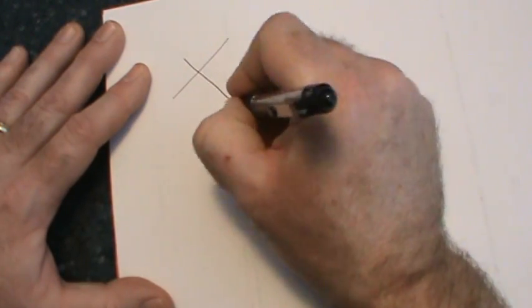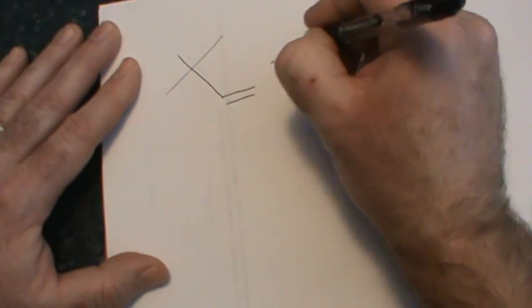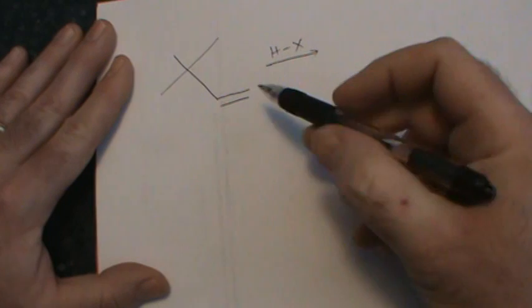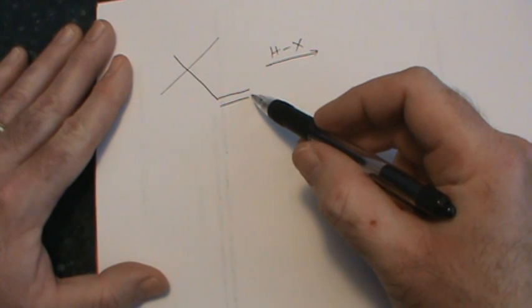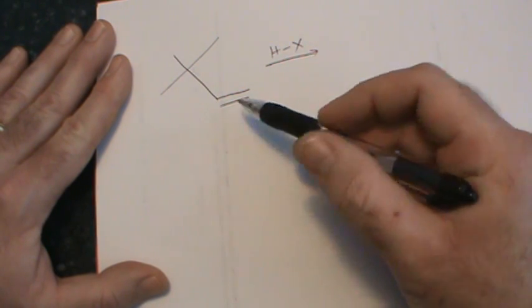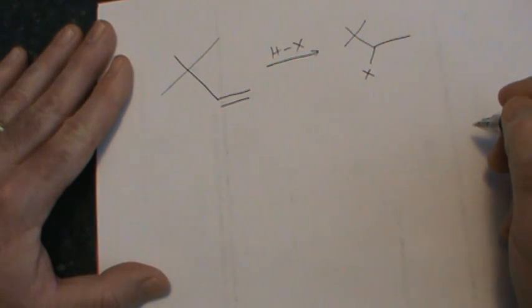So, for example, if we were to run a simple hydrohalogenation reaction on this molecule, we would expect that we would add the hydrogen, that is protonate, across the less substituted carbon to form the more highly substituted secondary carbocation, and perhaps form a product that looks like this.